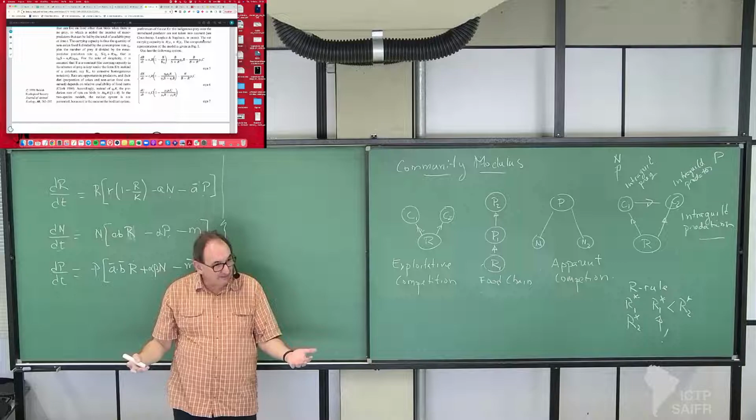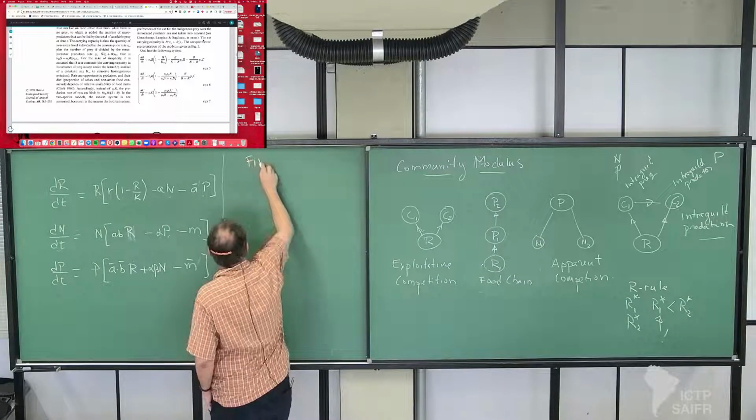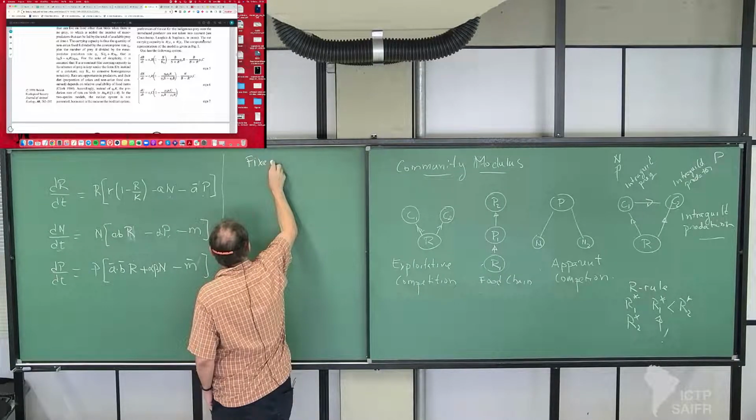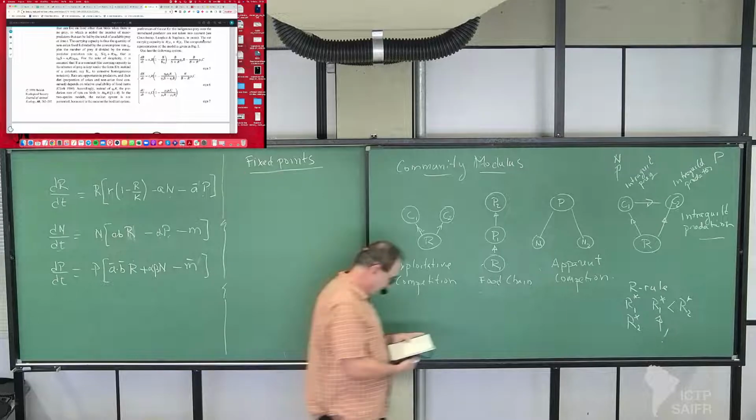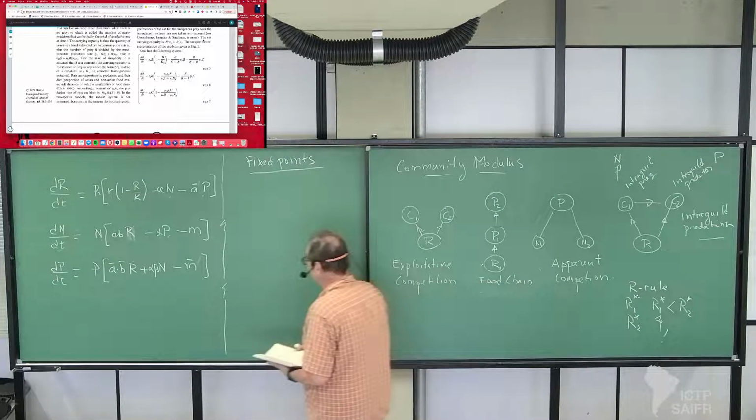When you look for the fixed points, you will be interested in putting this equal to 0, but let's start with these, because remember yesterday this one was not so interesting as the other ones. I just want the condition, a necessary condition.